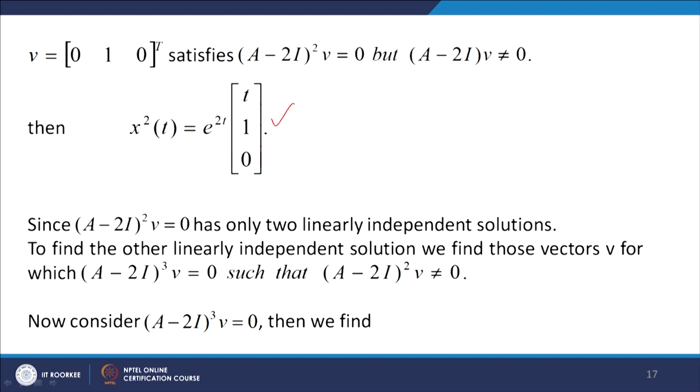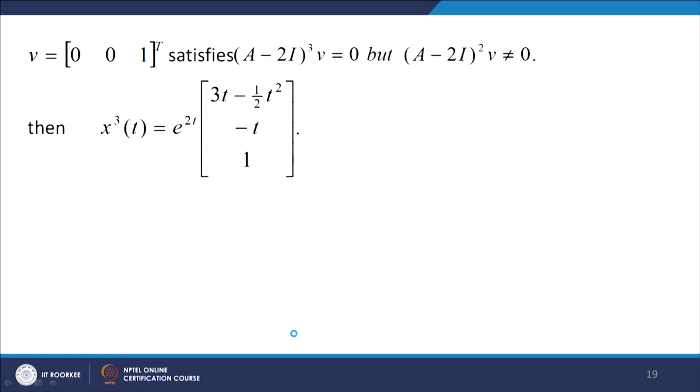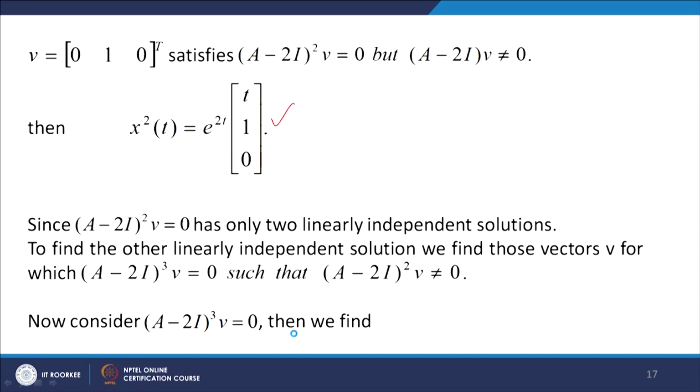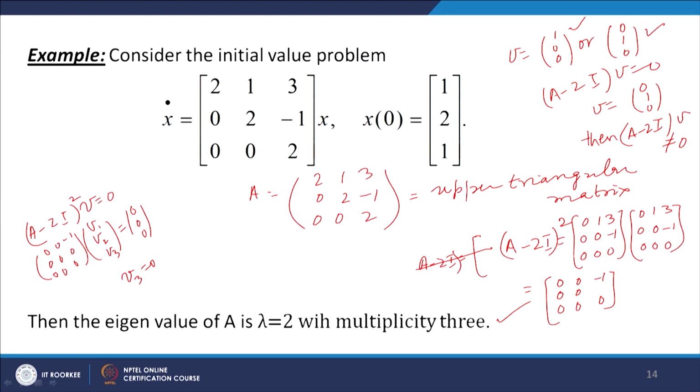Now, we still have to get one more solution, because (A minus 2I) whole square B has given only two linearly independent solutions. So, let us consider (A minus 2I) whole cube B equal to 0, such that (A minus 2I) square B is not equal to 0. Then (A minus 2I) whole cube B equal to 0 gives you (A minus 2I) whole square, which we found is this.